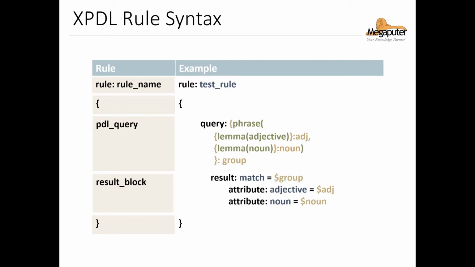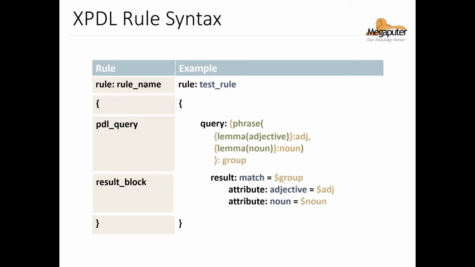I'm returning that named group here with match. So in our result block, we can use these named groups to designate what we are returning. To do so, we use $ and then the name of the named group that we care about. So this result block at the top is going to be doing the entire phrase as we return it as a match.